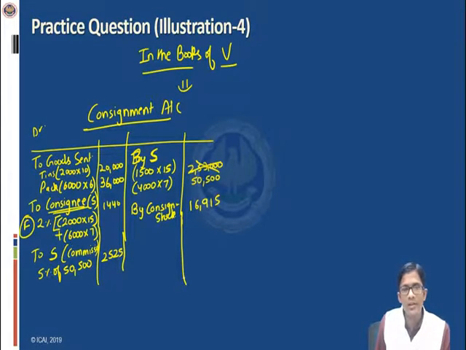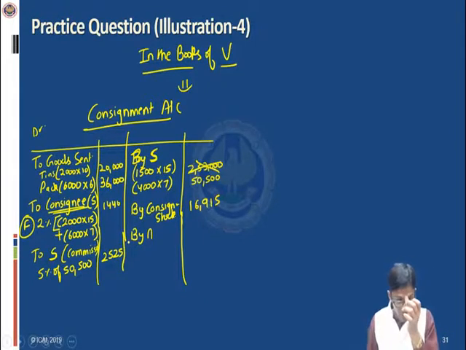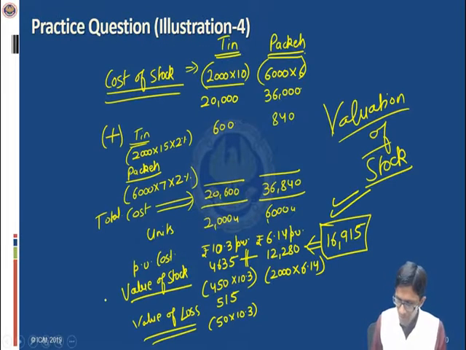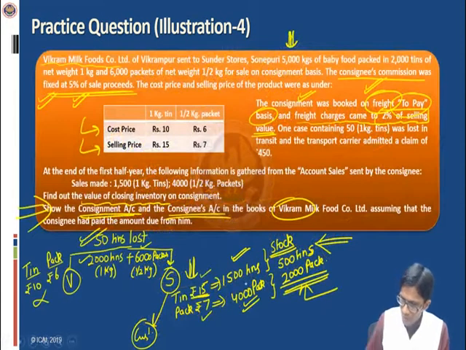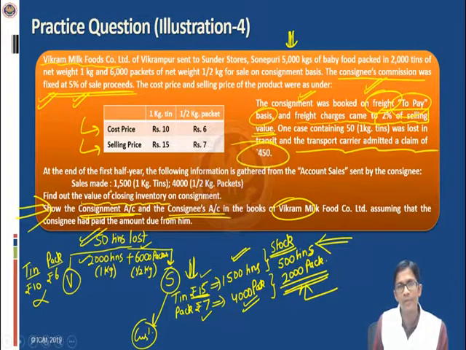Can you recognize one very important thing is missing so far, and that is the entry for abnormal loss. Now friends, for abnormal loss, we have already made the calculation, and what is the total amount of abnormal loss? It is rupees 515, right? But the question says one thing in this respect, that the transport carrier admitted a claim of rupees 450.